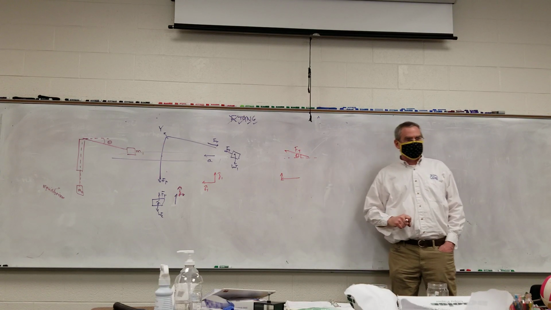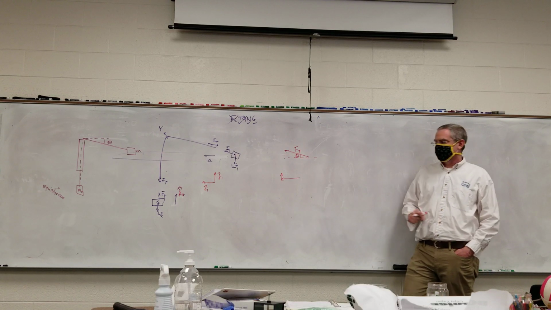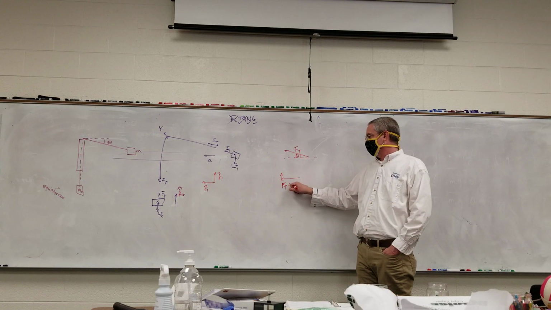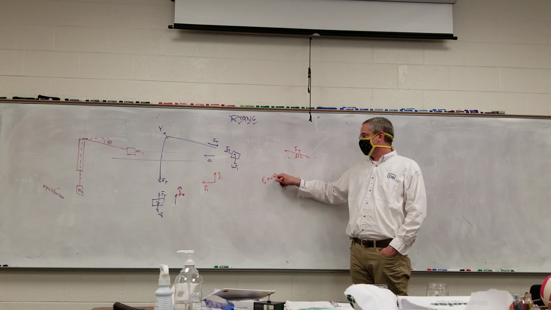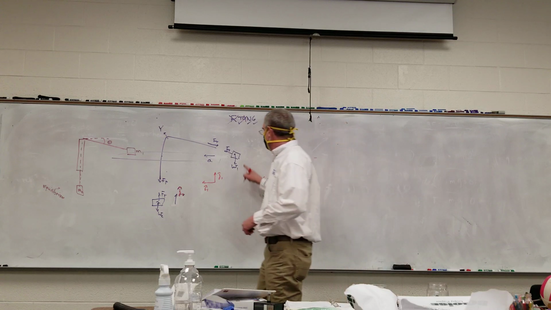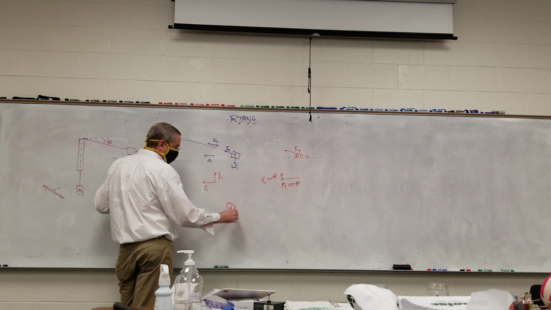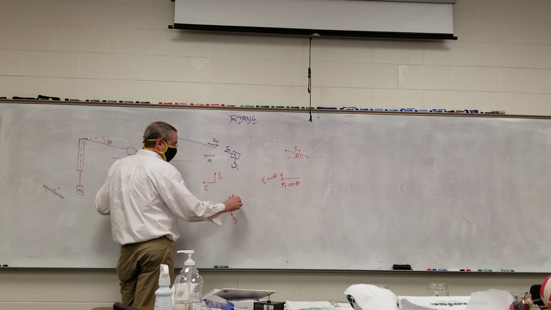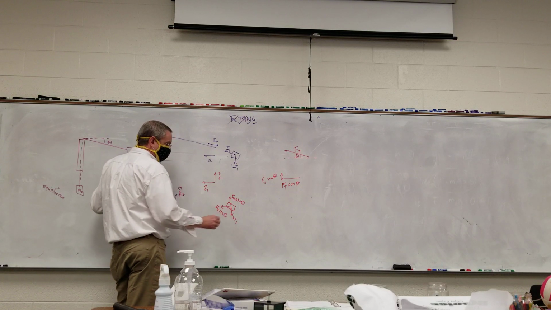What is the horizontal component? FT cosine theta. And that would make the other one FT sine theta. So my mass 1 here, we now can break it up into: I have weight 1 acting down, I have FT sine theta acting up, and FT cosine theta acting towards the middle.